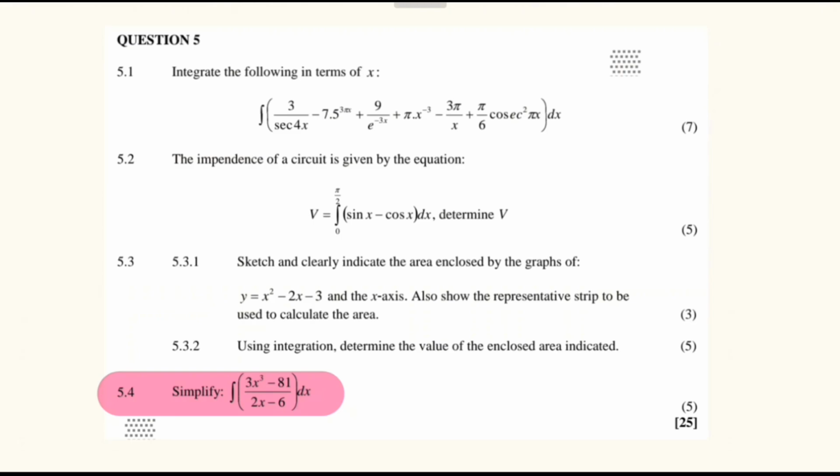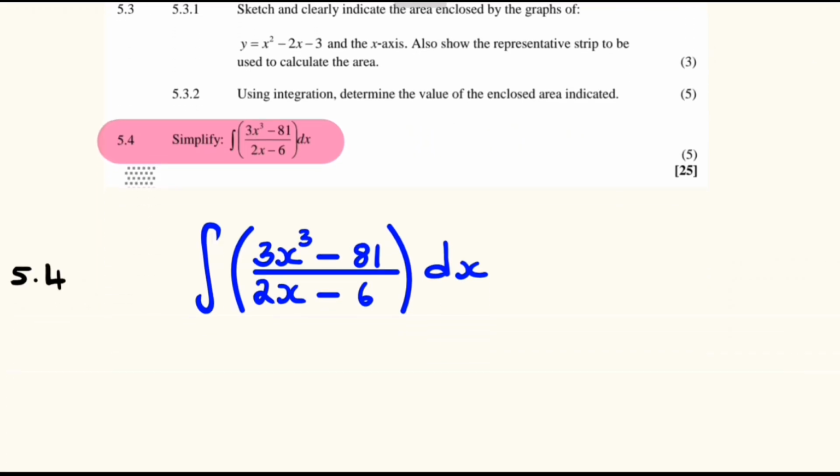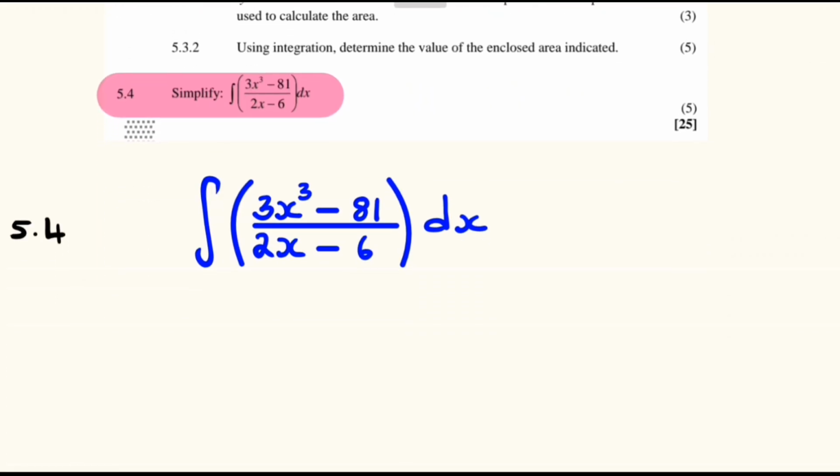Question 5.4, we simplify by integrating the following. In the numerator, let's take 3 as our common factor.